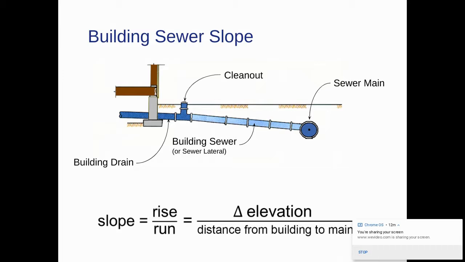You almost always, somewhere in your house or in the yard, have a cleanout, so that if anything ever gets clogged, you have some way to clean it out. I had this happen to me when I first bought my house.